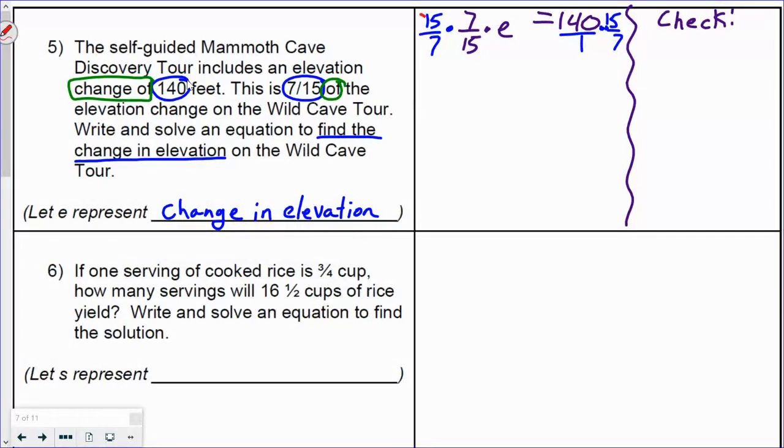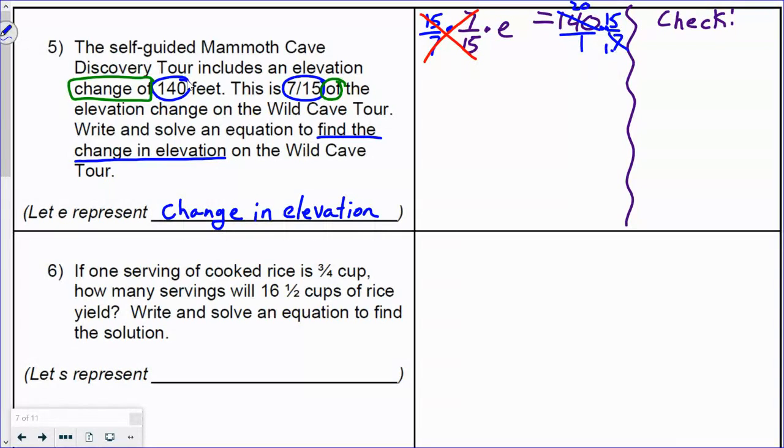But a lot of you do not want to cross cancel. But do you really want to take 140 times 15? That's a lot. And then divide the answer by 7? So what we really actually want to do is cross cancel. 7 can go into 140 20 times.